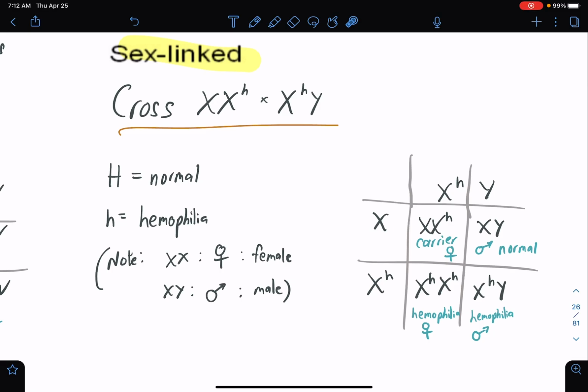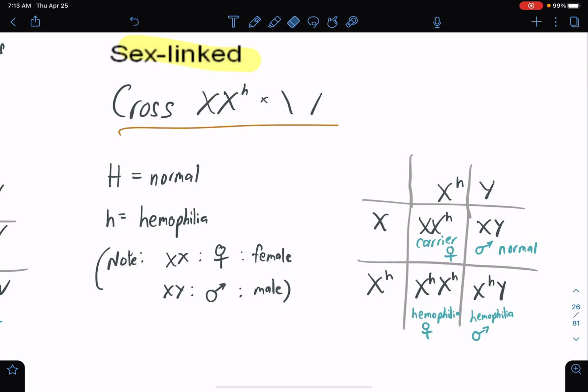Okay, yeah, that makes sense, I suppose. Yeah, the male has hemophilia if the X variable has a small h. Because again, hemophilia is an X-linked recessive disorder.